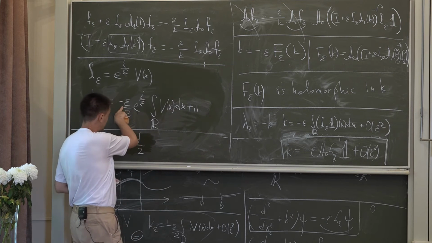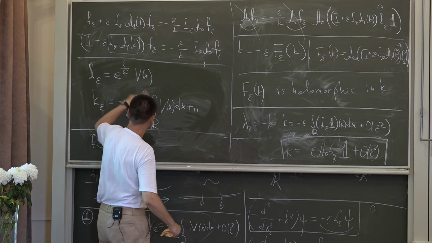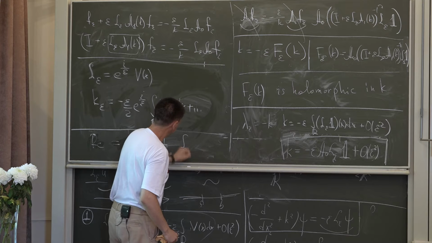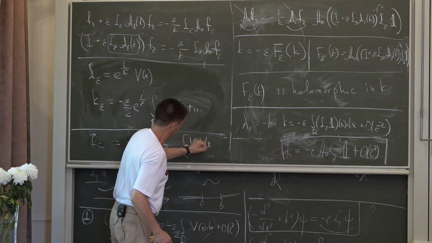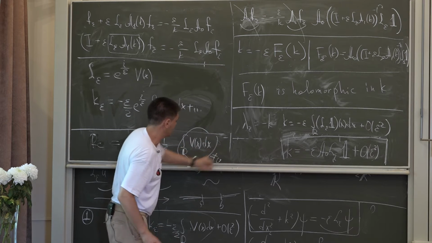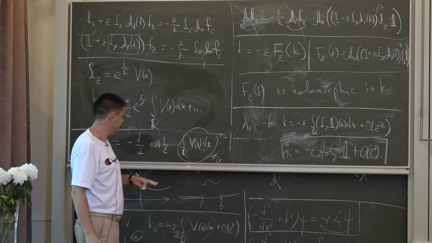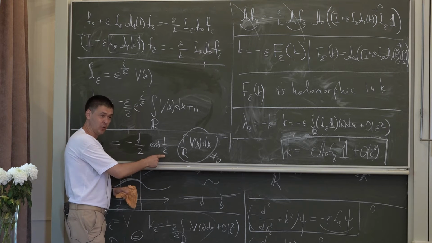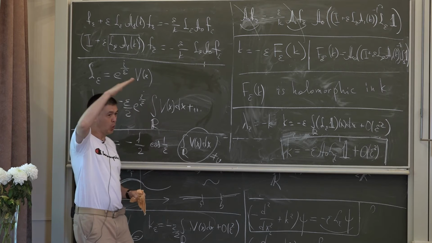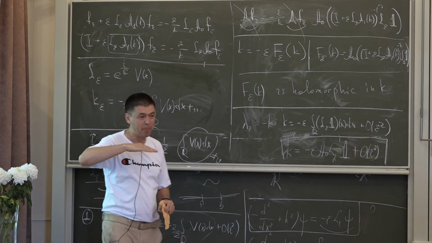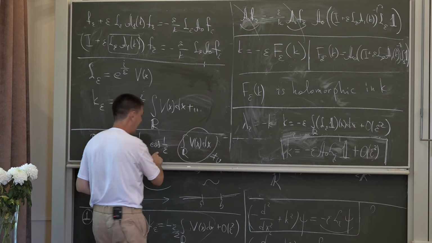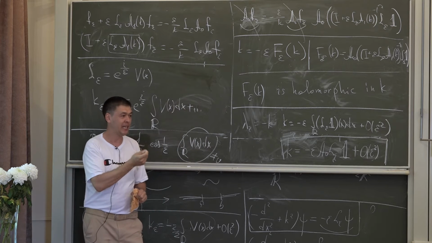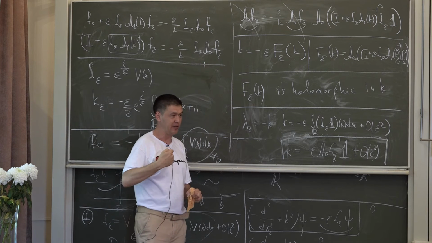I don't care about this epsilon, it's positive. The real part of this exponent will be cosine of 1 over epsilon, and this integral. Just imagine that this one is non-zero. And it doesn't even matter whether it's positive or not, because when epsilon goes to 0, this cosine goes up and below 0, and it has either plus or minus, and it means that in the vicinity of the bottom of the spectrum, I have a resonance eigenvalue.